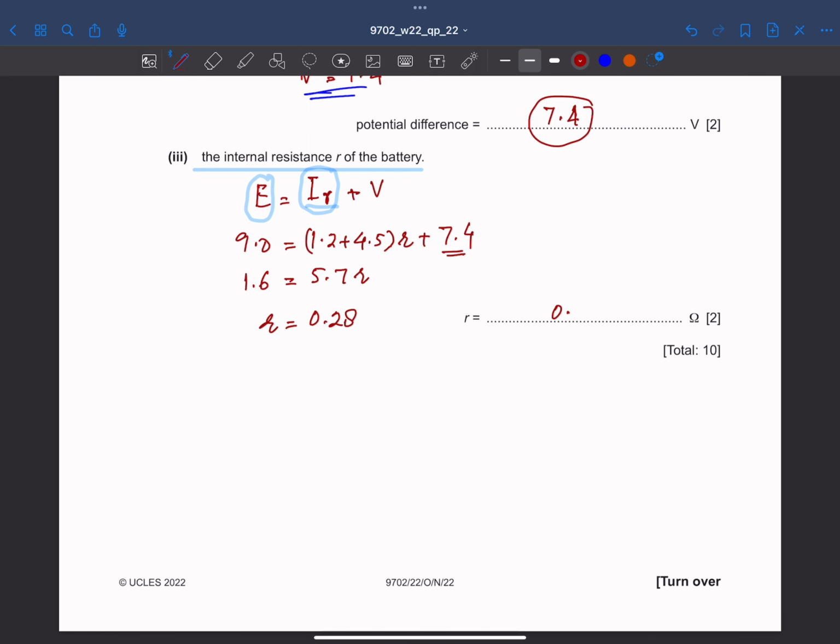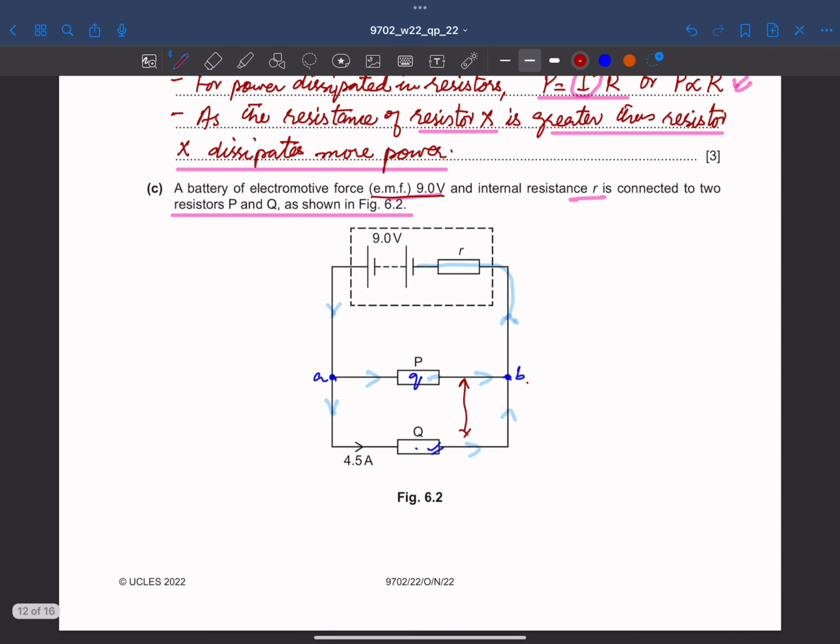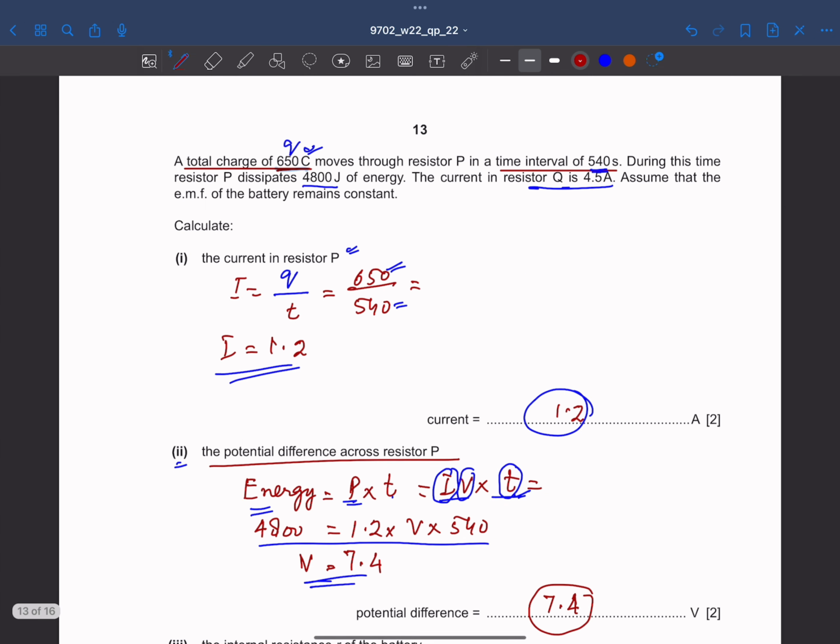Over here you have the E, which is given in your formula here, which is 9. At the same time they have given you the current in Q. So current in P you have calculated here, current in Q they have given you 4.5.